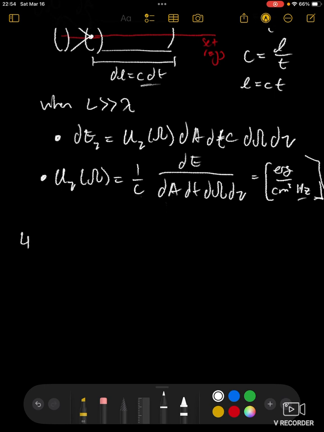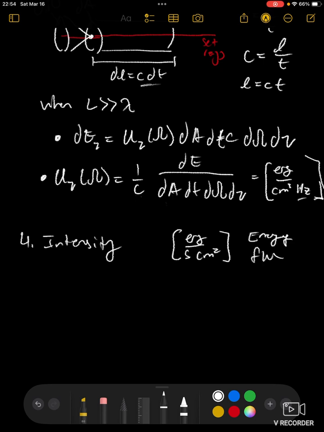So now let's look at some intensity. This is the brightness, which is going to be in terms of energy per second, centimeter squared. This is the energy flux. Now we want to know this ray, in this case.